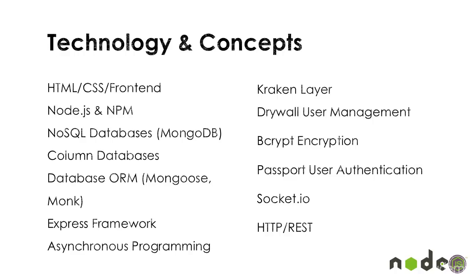Kraken is a framework or a layer that sits on top of Express that gives us a lot of additional options. Drywall, which is a user management system to take care of logins and registrations, uses bcrypt encryption for password encryption. We'll be using a module called Passport for user authentication.